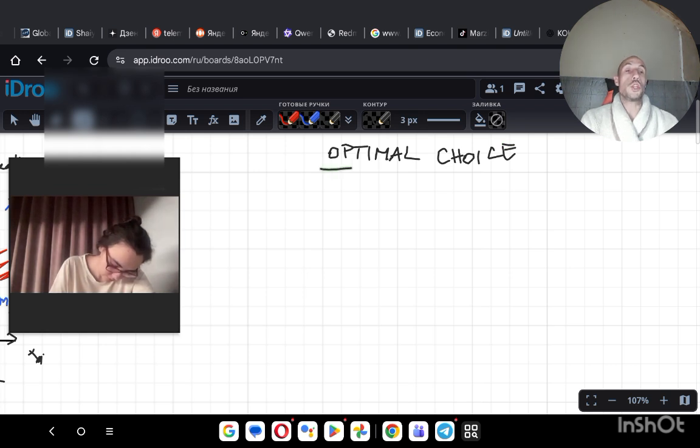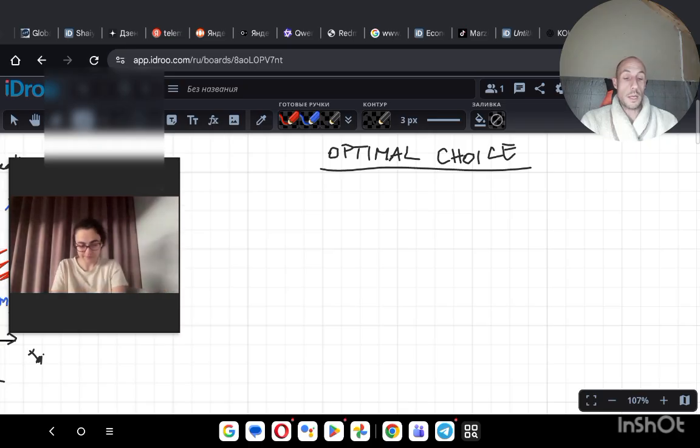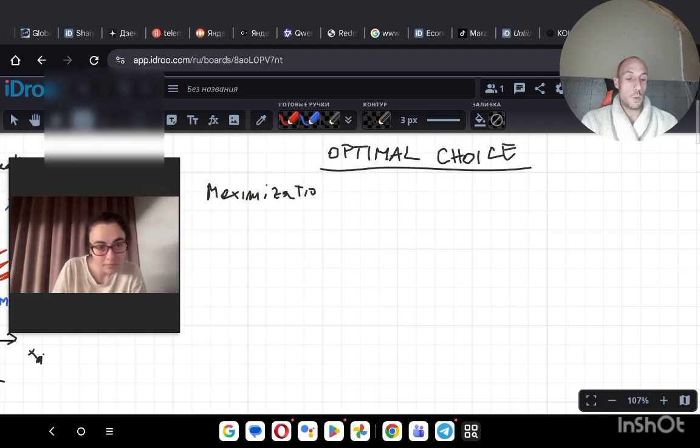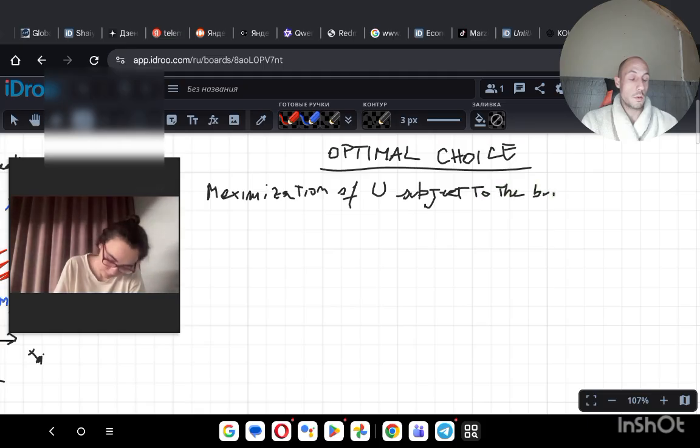The optimal choice is the maximization of utility subject to the budget constraint.